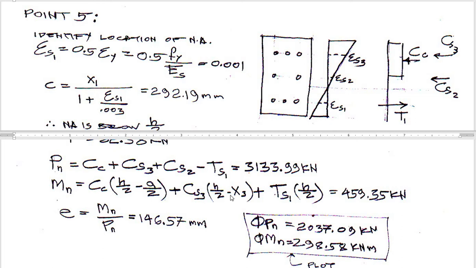At ang lever arm naman ni tension steel is simply H over 2. Okay, so you have here 459.35 kilonewton meter. Lagyan nyo na lang ng M dun. Next, you multiply these forces by 0.65 and then you have the plot for point number 5.